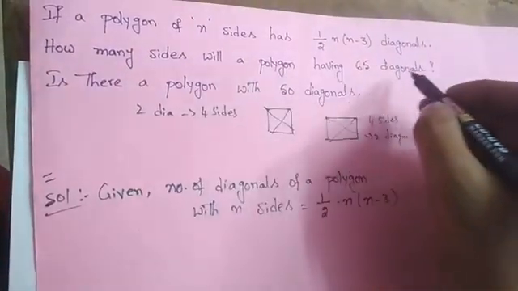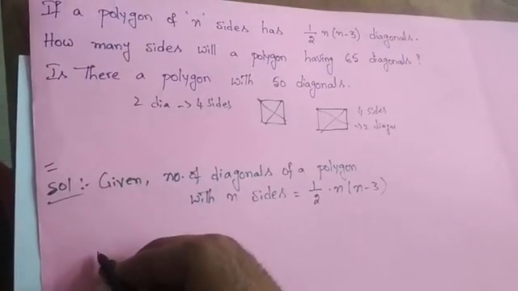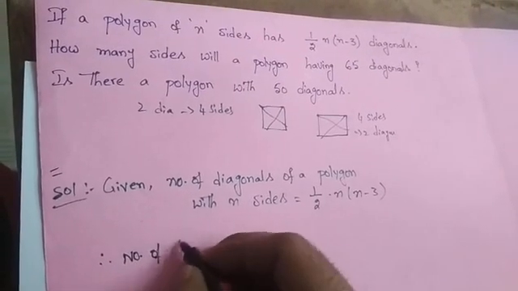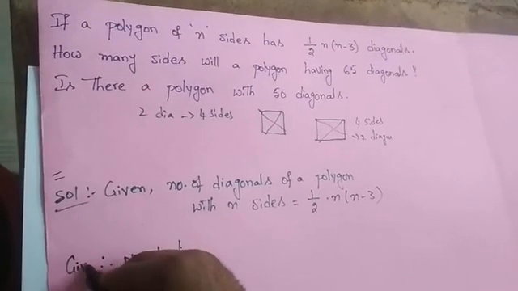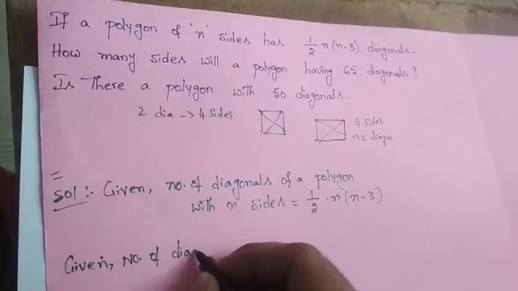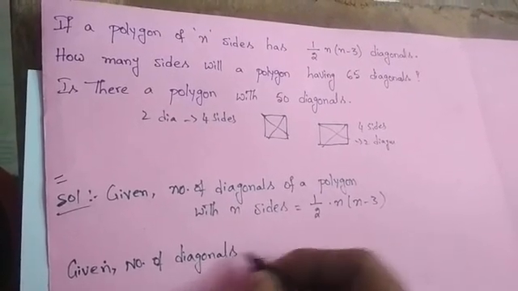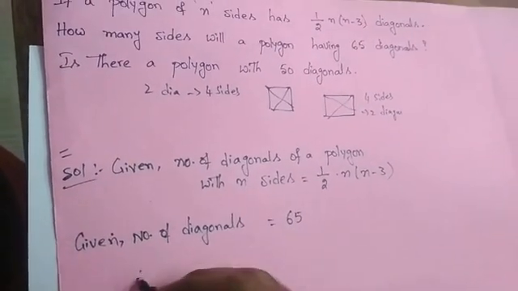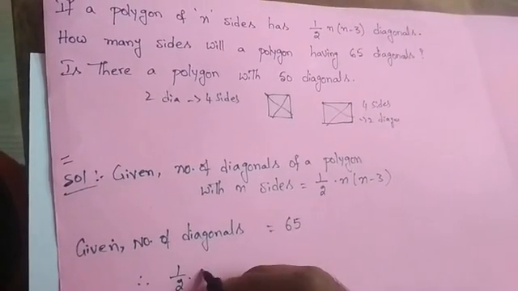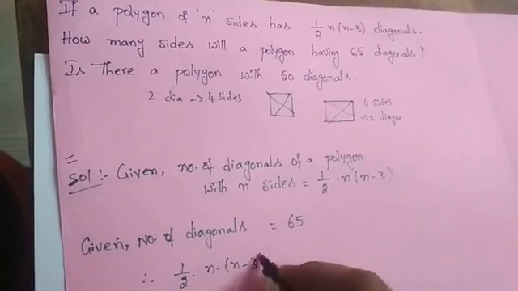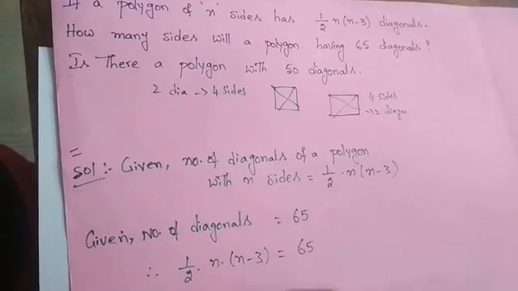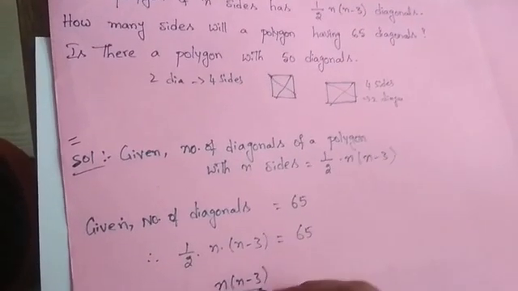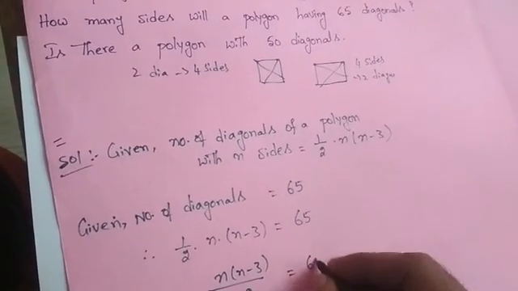How many sides will a polygon have with 65 diagonals, suppose given. Therefore the given number of diagonals is equal to 65. Therefore 1/2 × n(n − 3) is equal to 65, so n(n − 3)/2 is equal to 65.